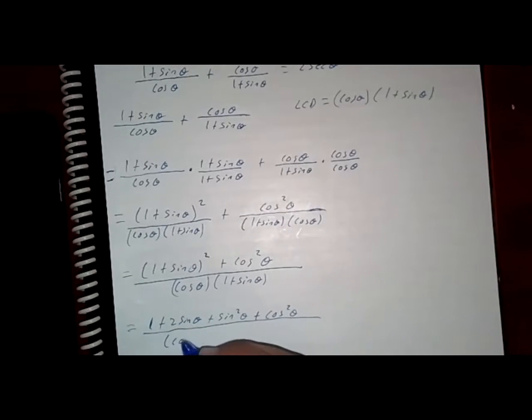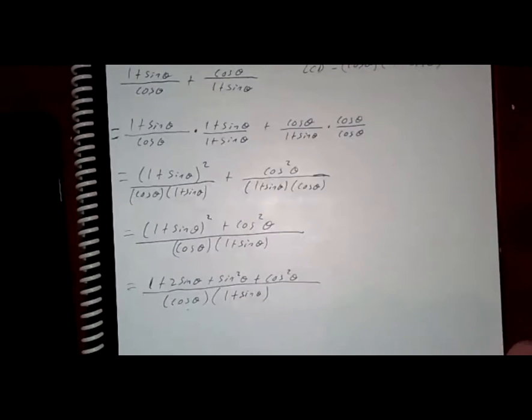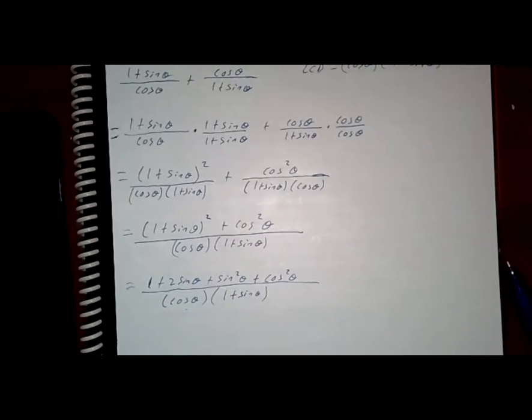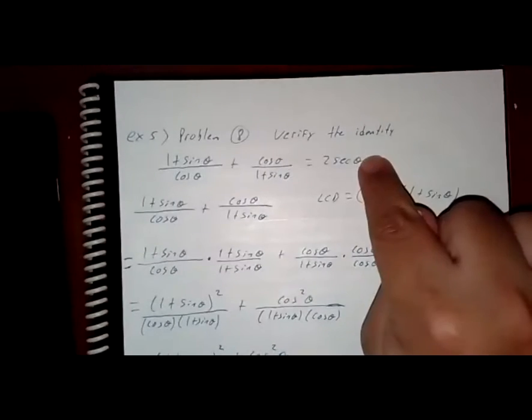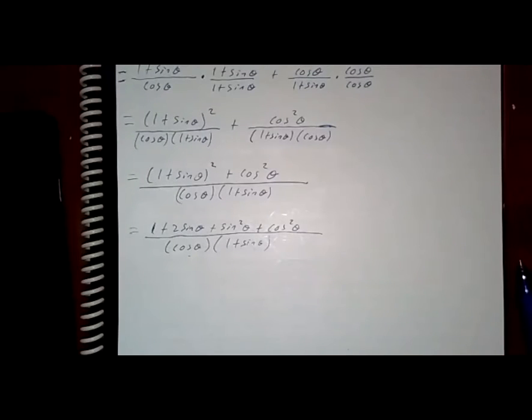The bottom I will leave alone for now. You don't want to multiply unless you have to, because sometimes things cancel. The top part I had to because I'm hoping something will combine. Because if you notice, I need to end up with 2 secant, and I'm not really there yet. You see what I mean?